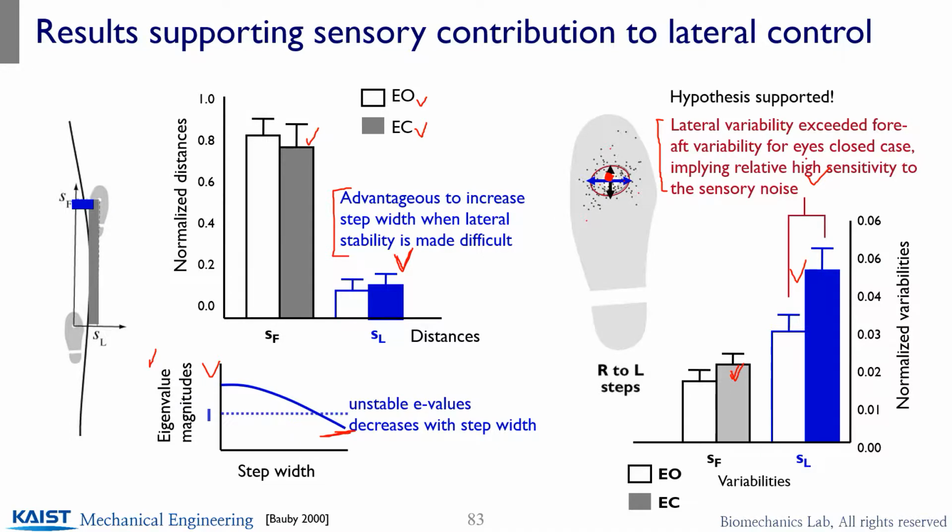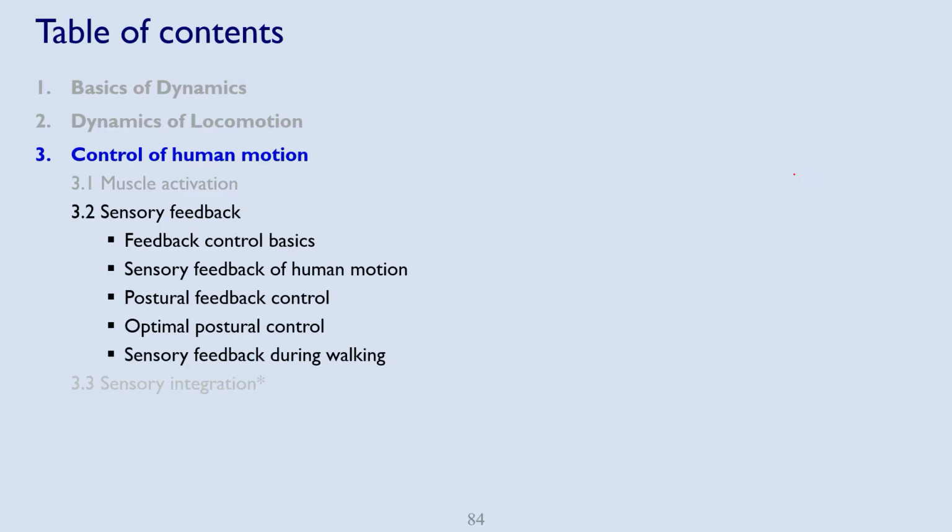Our hypothesis was that with a change in sensory feedback there should be a greater change for the lateral direction, implying that sensory feedback is involved in lateral foot placement, and that has been supported. This is a quick summary of the sensory feedback analysis applied to walking. That wraps up the sensory feedback session.